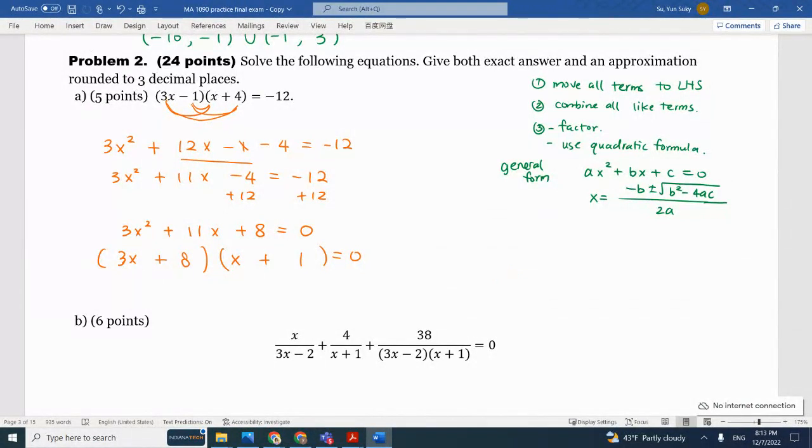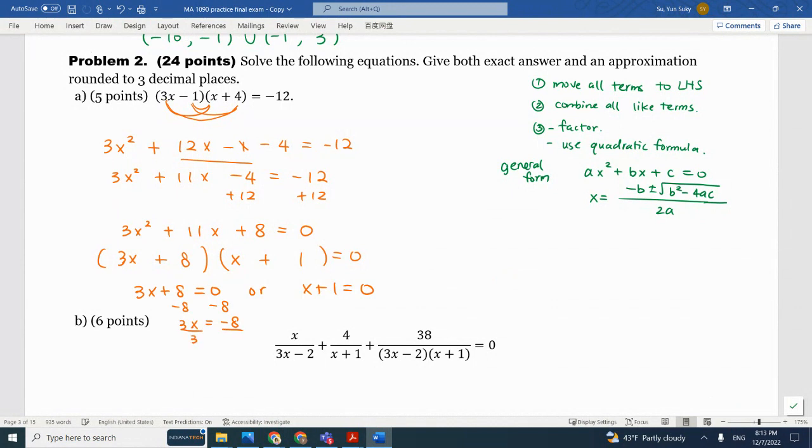Then once we get the product of two factors equal to 0, we set each factor equal to 0. And we put OR to connect them. Okay. And solve for x. So subtract 8 on both sides. We get 3x equals negative 8.